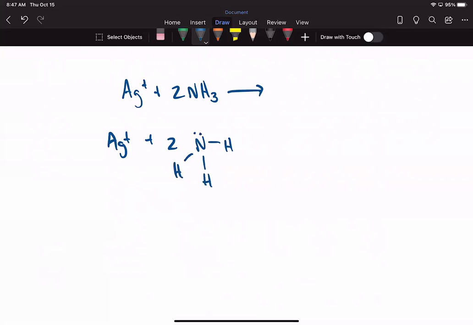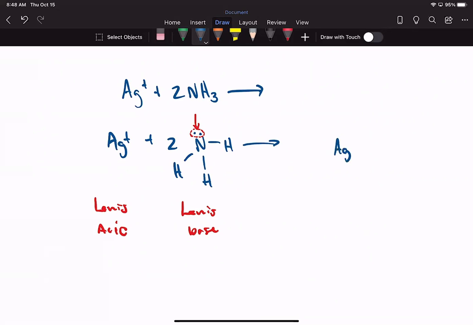Here is a bonding pair of electrons that we can donate. So ammonia can donate. This is going to be my Lewis base because it's going to donate that pair, making this my Lewis acid.